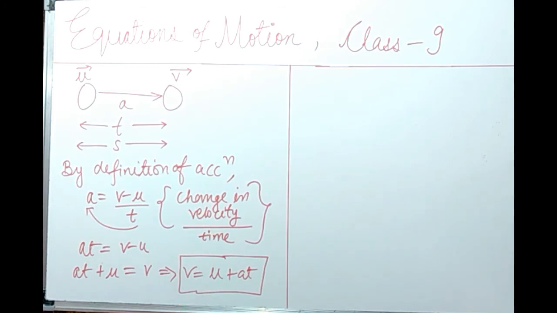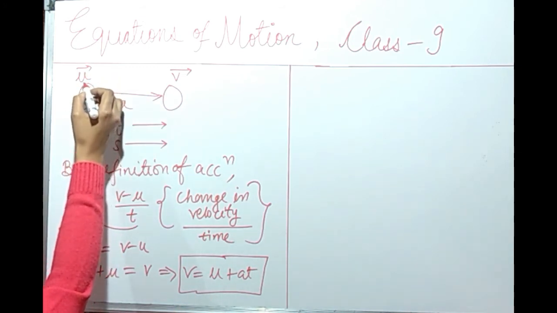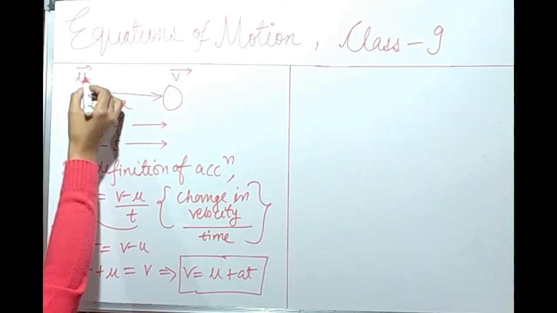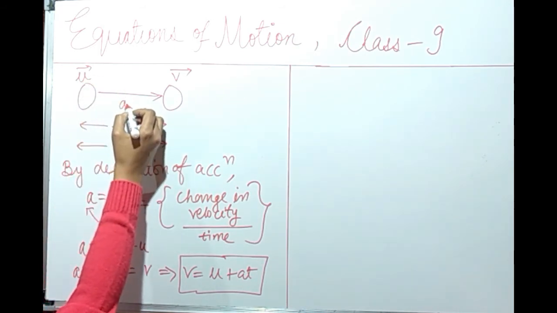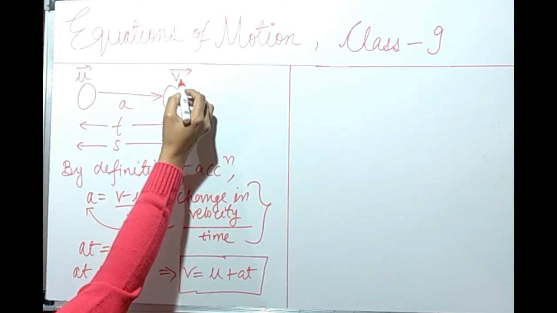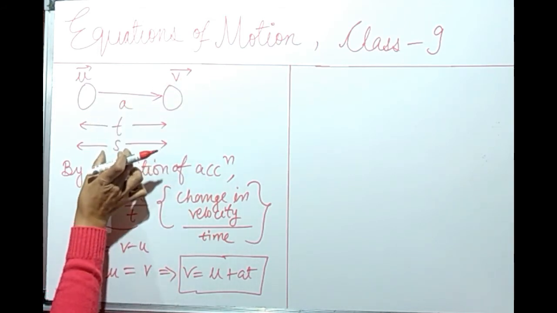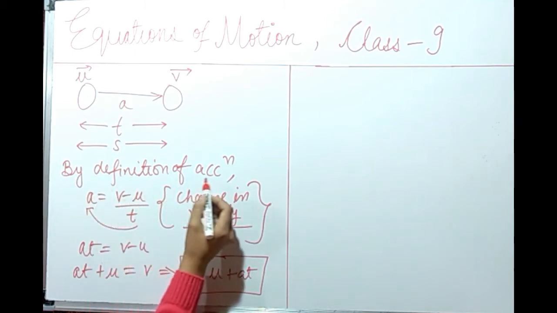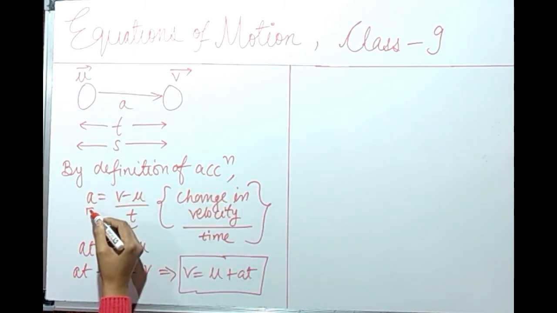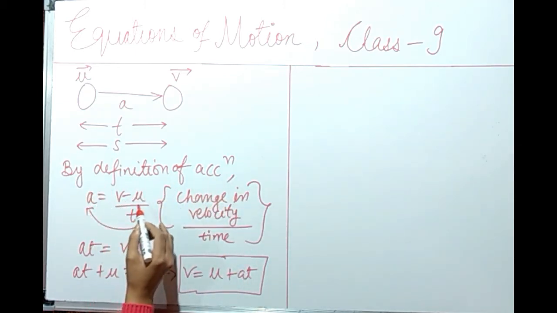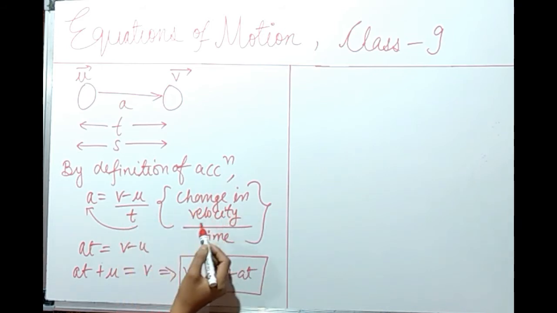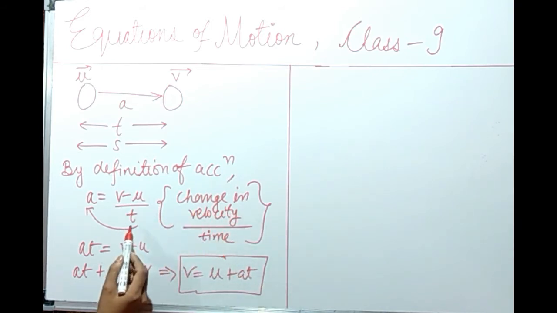What we have done? We have taken an object moving with initial velocity u, accelerated by a, final velocity is v, time taken is t to cover this distance, and displacement is s. By definition of acceleration, the formula is: acceleration is equal to (v minus u) by t, that is nothing but change in velocity upon time taken. Here we have taken this t in the numerator with a, at equals v minus u.